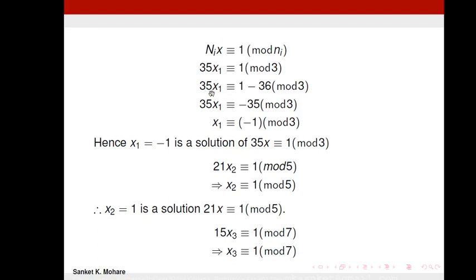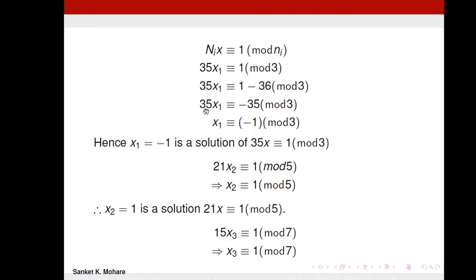This implies 35 x1 is congruent to 1 minus 36. Remember here 36 is a multiple of 3, 3 times 12. So either we subtract or add such that 35 divides this sum or difference. So 35 x1 is congruent to 1 minus 36 modulo 3. 1 minus 36 is minus 35.